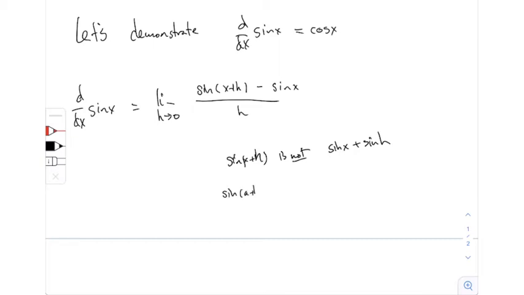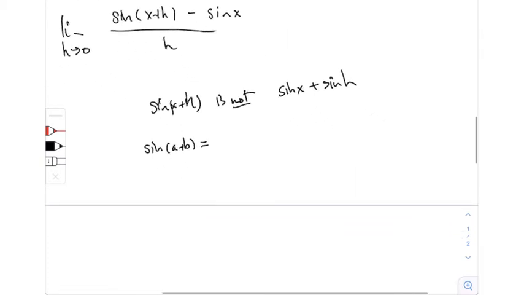Anybody seen this before? If you learned a lot of fancy trigonometry, you may have learned this formula in high school. Like I said, I don't expect people to know this, but this is a somewhat obscure formula about the sine. I know I learned these formulas when I was in high school, and I was not in any kind of fancy, big shot math classes. I wasn't really good at math until I got to college.